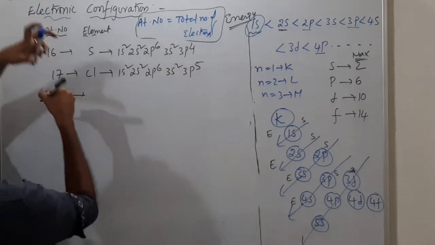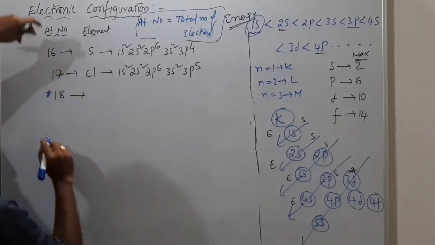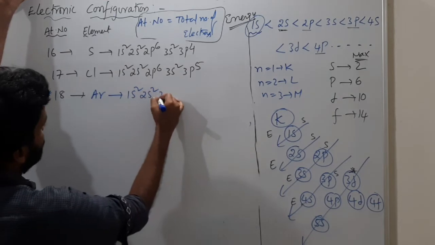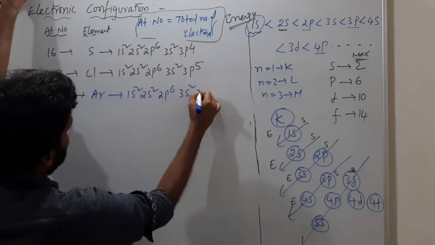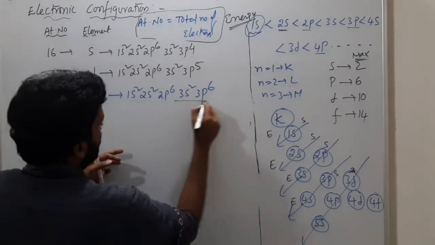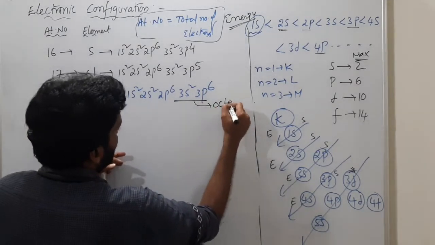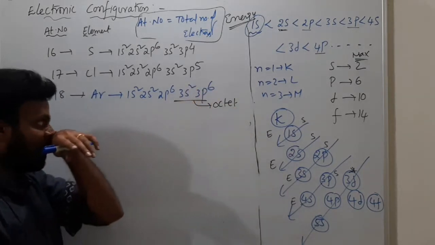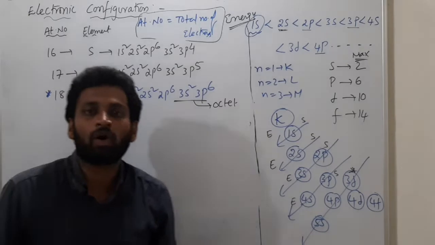And the 18th one, again you have a different configuration, that is argon: 1s2, 2s2, 2p6, 3s2, 3p6. Again here you have an octet configuration. Octet means if you have 8 electrons in the last shell, that is called octet configuration.